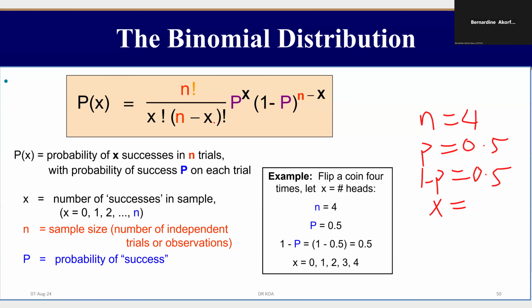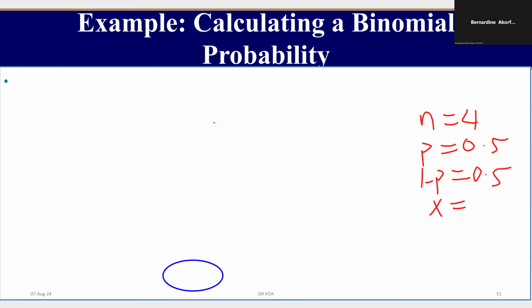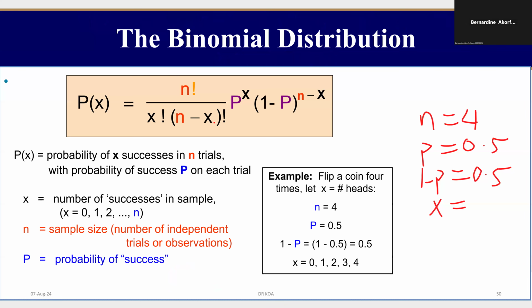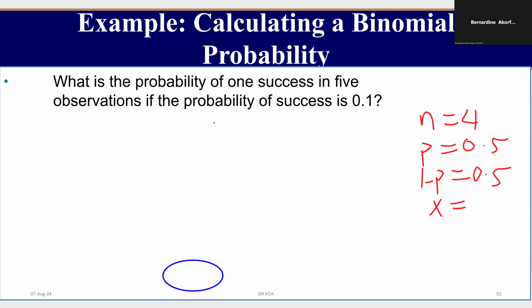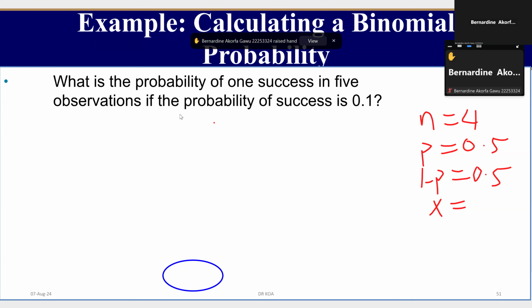The moment you've realized that this is a binomial question, you got to use a binomial formula. But of course, you're not going to do that yet. I just wanted to know your capability of determining that something is a binomial. Let's get to the real one.